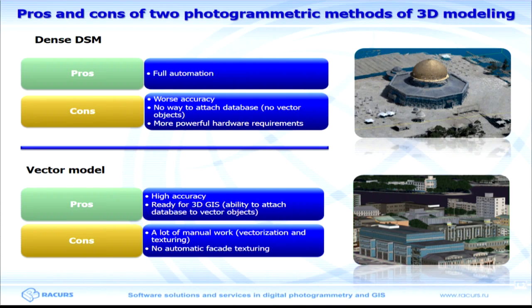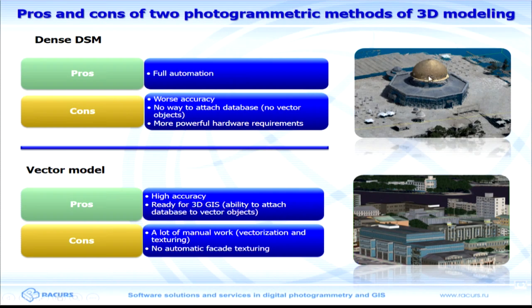So to achieve this goal, you need to use specialized clouds, which we will discuss later. These models are primarily for visualization or for true orthophoto creation, but you can build a 3D information system on them.